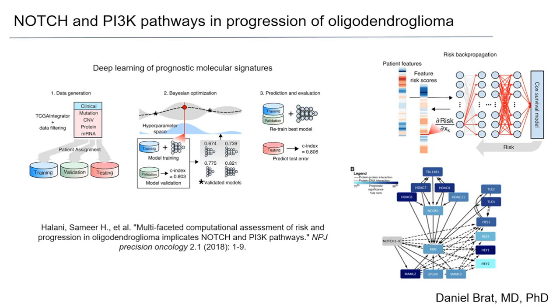This is also ongoing, but pretty much any of the data that's generated in pathology, we can apply machine learning models to. So this is a study we did with our chair, Dr. Bratt, where we looked at oligodendrogliomas and found that these Notch and PI3 kinase pathways were really focused on by these machine learning models in learning to predict outcomes.